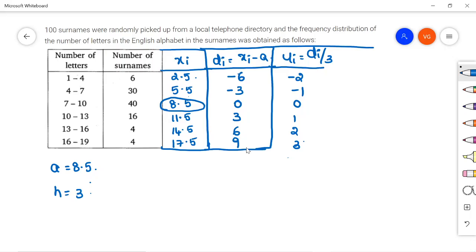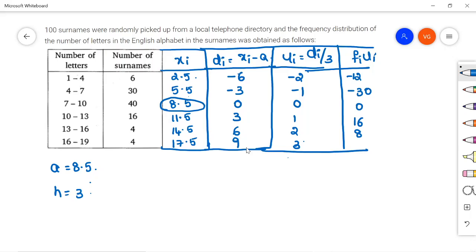Now directly I can multiply this ui with the corresponding frequency, that is fi ui, right. So 6 multiplied by minus 2 is minus 12 here, minus 30, 0, 16 into 1 is 16, 9 into 2 is 18 and 4 into 3 here 12.